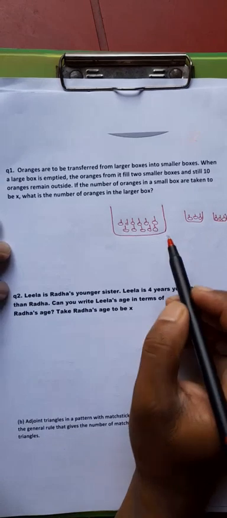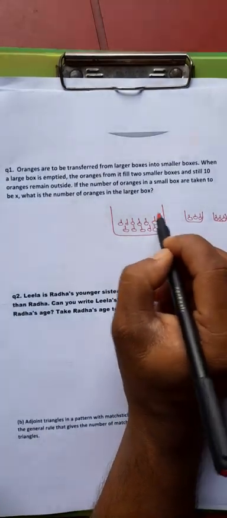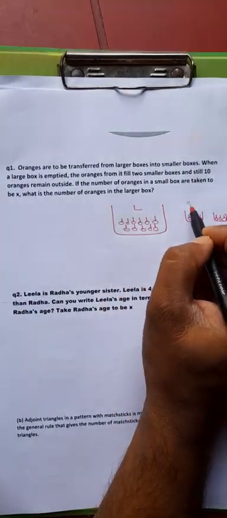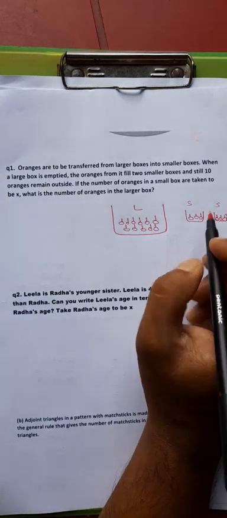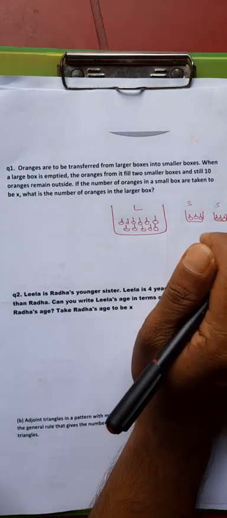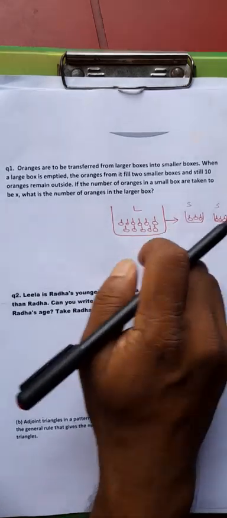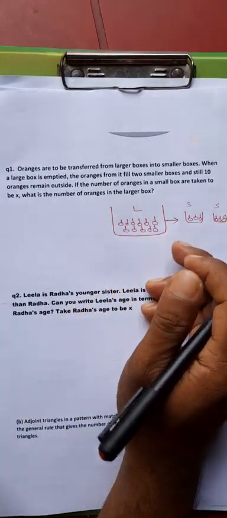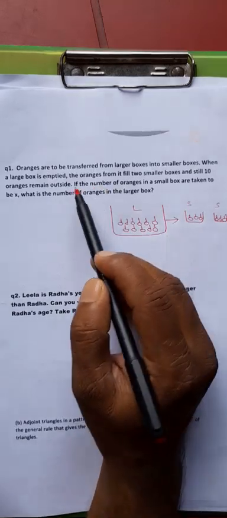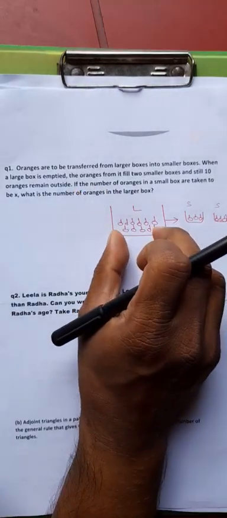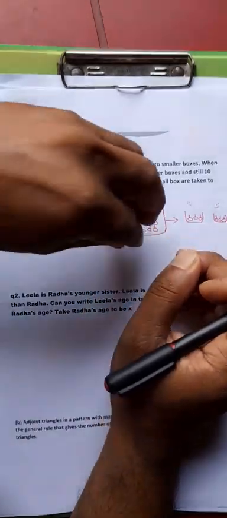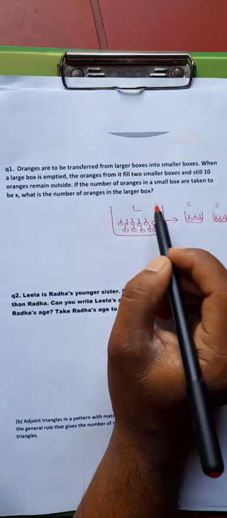So oranges are to be shifted from this larger box to these smaller boxes. Not exactly two boxes, might be many boxes. So we are trying to shift oranges from the larger box to smaller boxes. When the large box is emptied, when you find it empty, the entire oranges are shifted to smaller boxes.